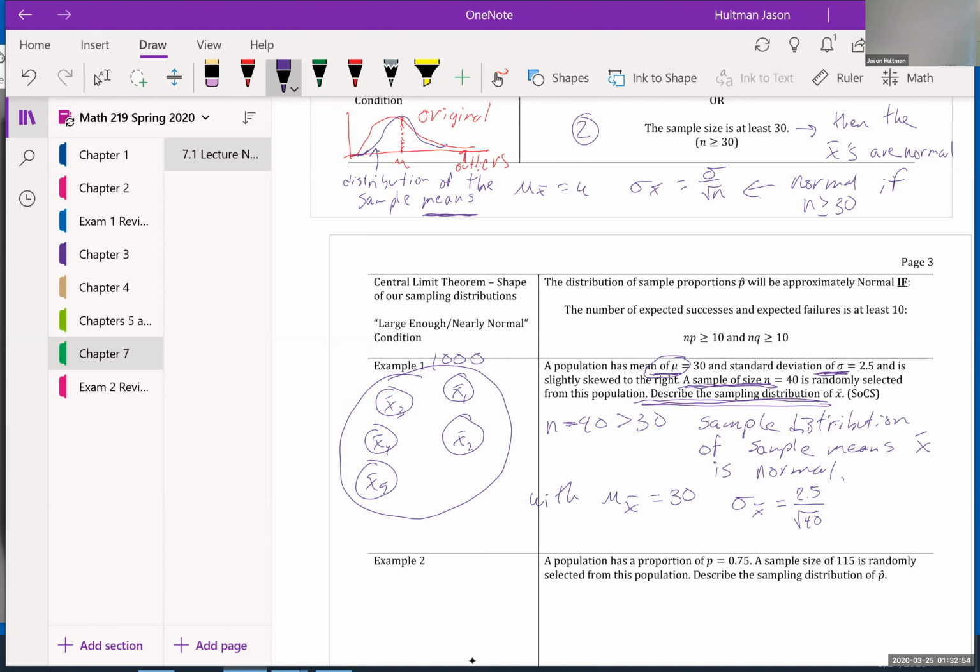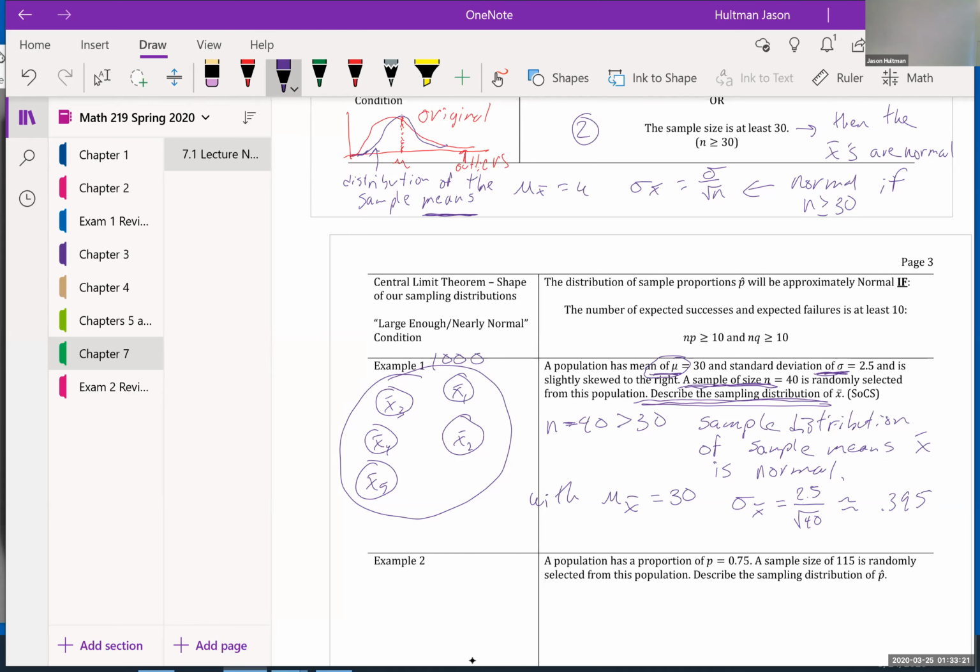Okay, and this comes out to be approximately 0.395. So whereas the original standard deviation was 2.5, the new standard deviation is much smaller. It's only 0.395, a much smaller standard deviation, but it creates a nearly normal graph.